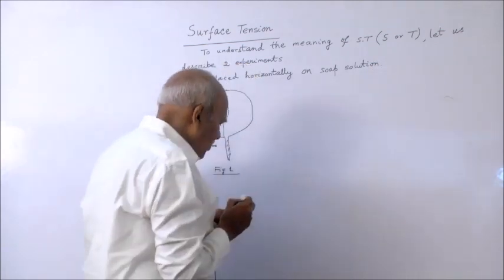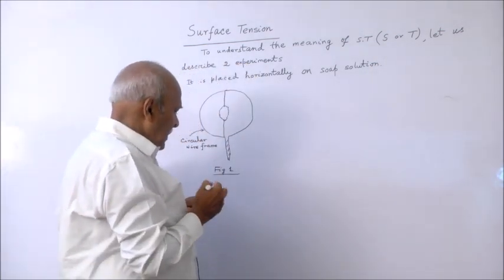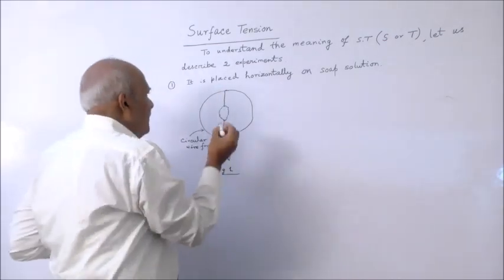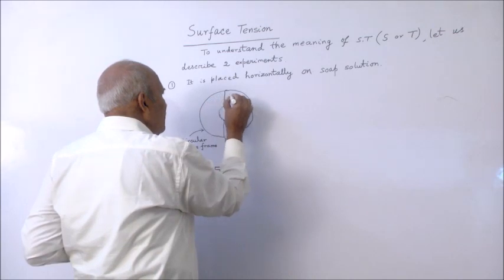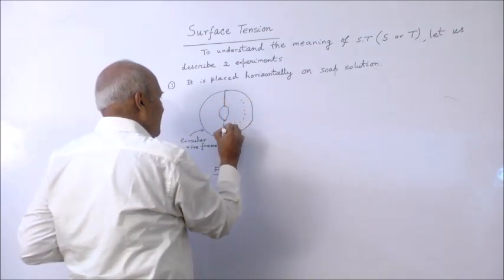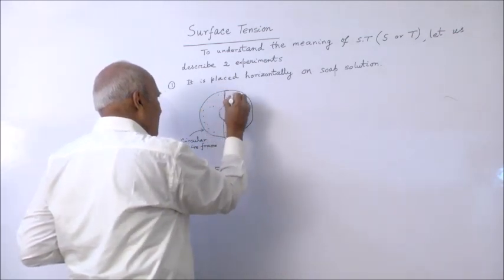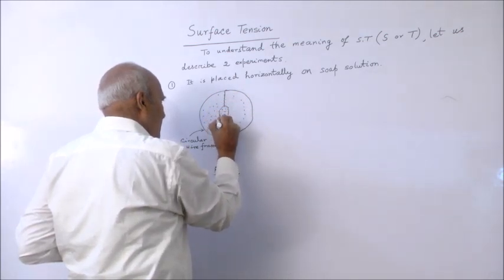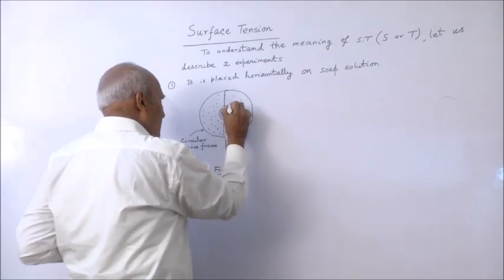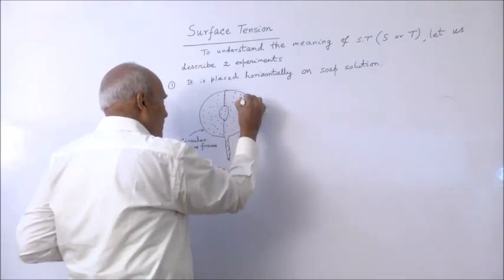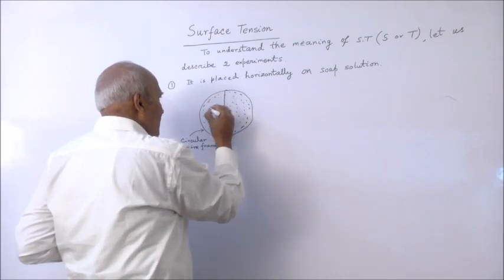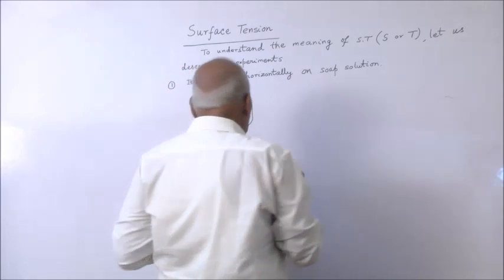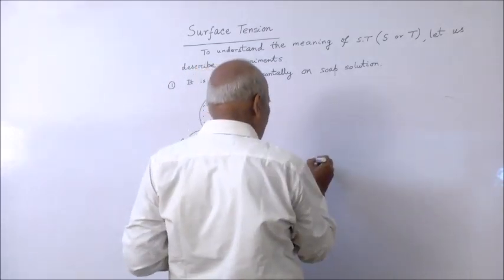This is placed like that. So, it is found that there is no change in the shape of the strings. These are the two strings.